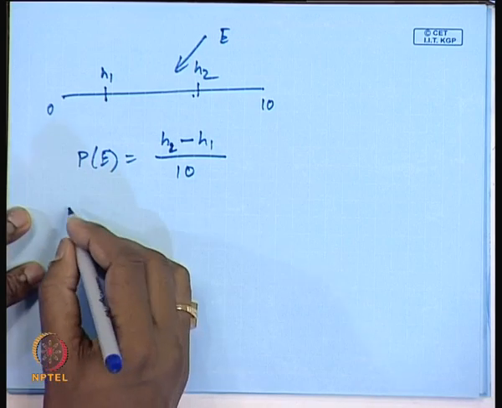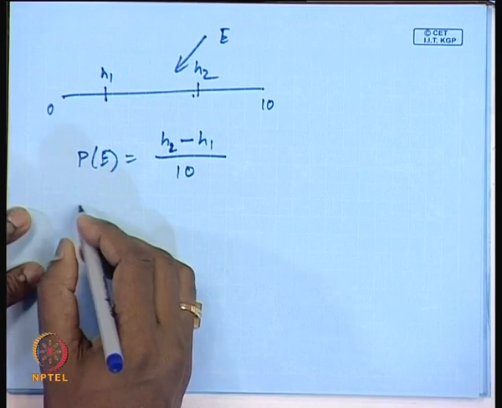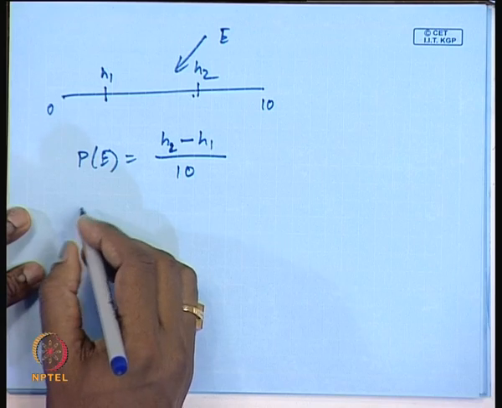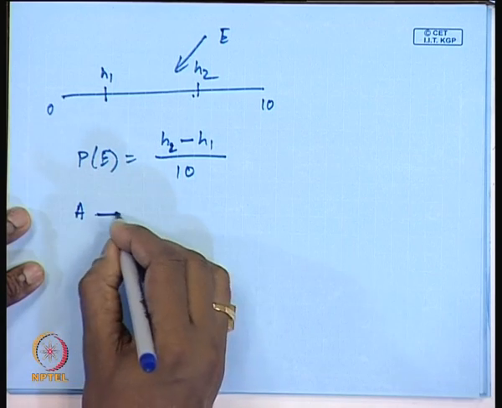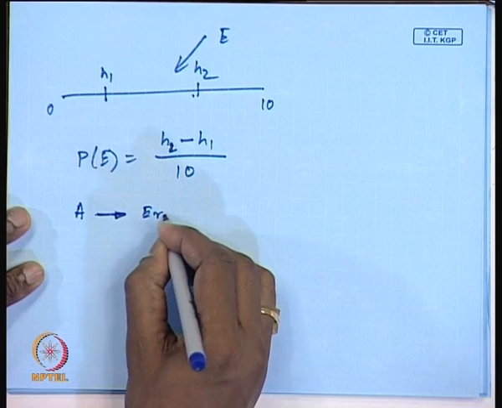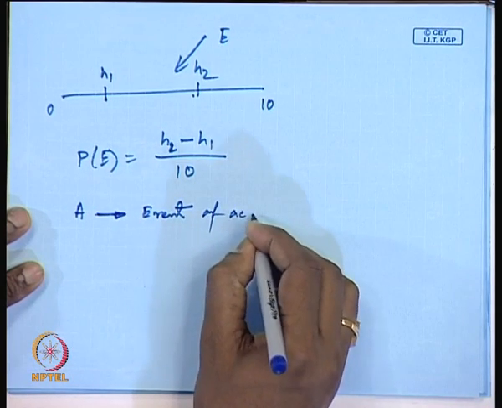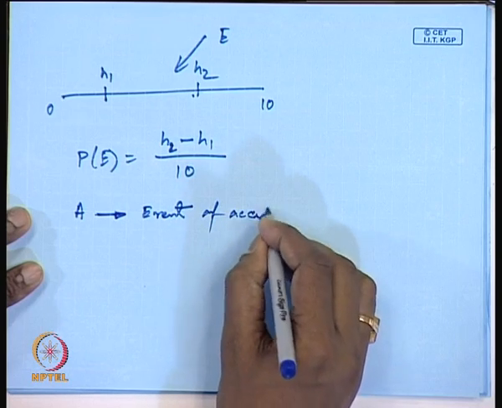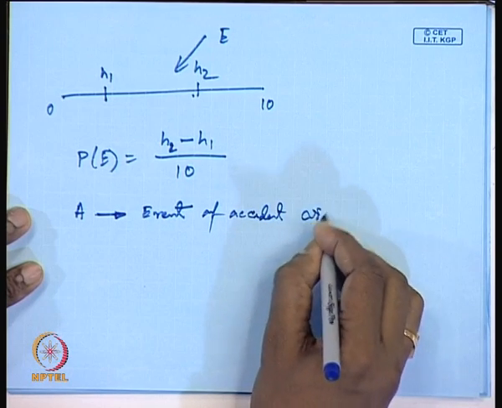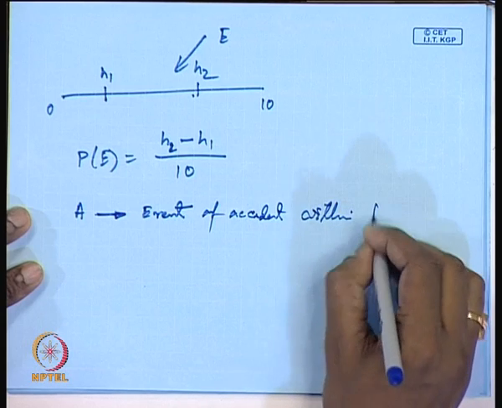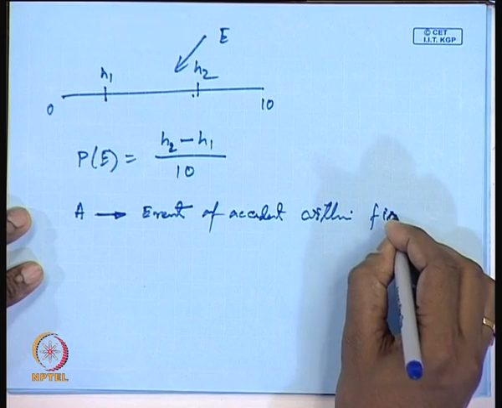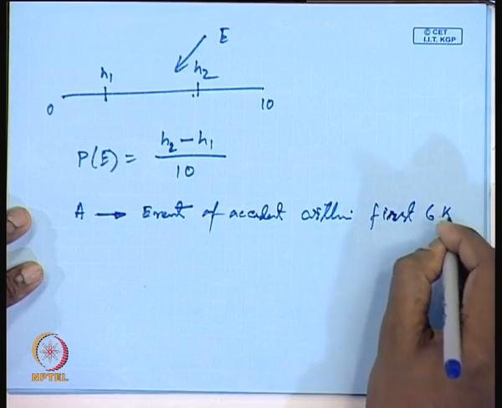Now for this problem, say A is one event, the event of accident within the first 6 km.